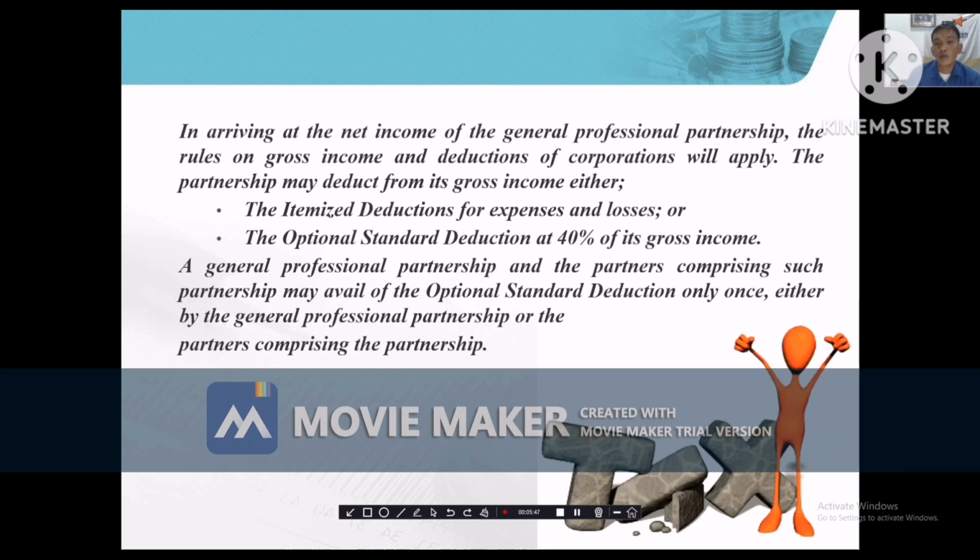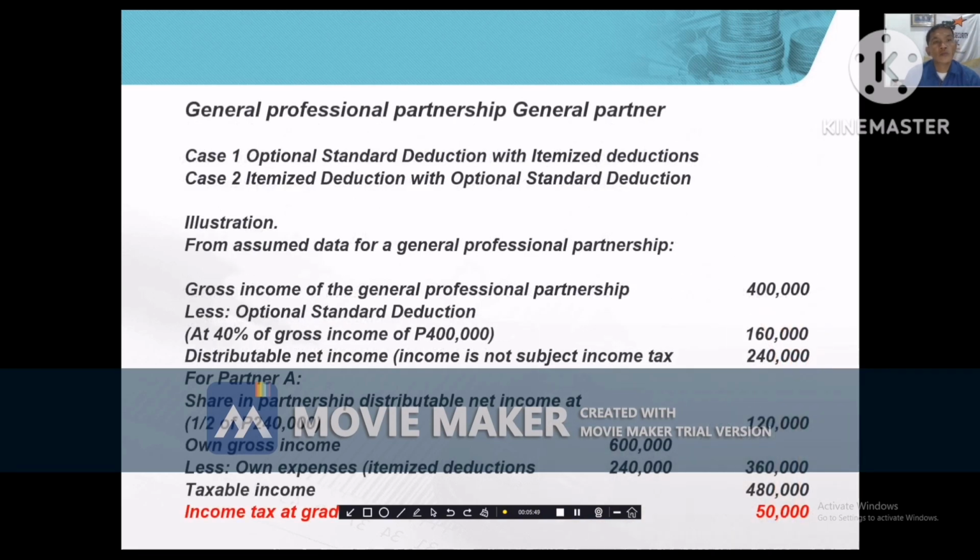Okay. So sa general profession partnership general partner, ito yung binanggit ko kanina na optional standard deduction with itemized deductions. Case number 2, itemized deductions with optional standard deduction.